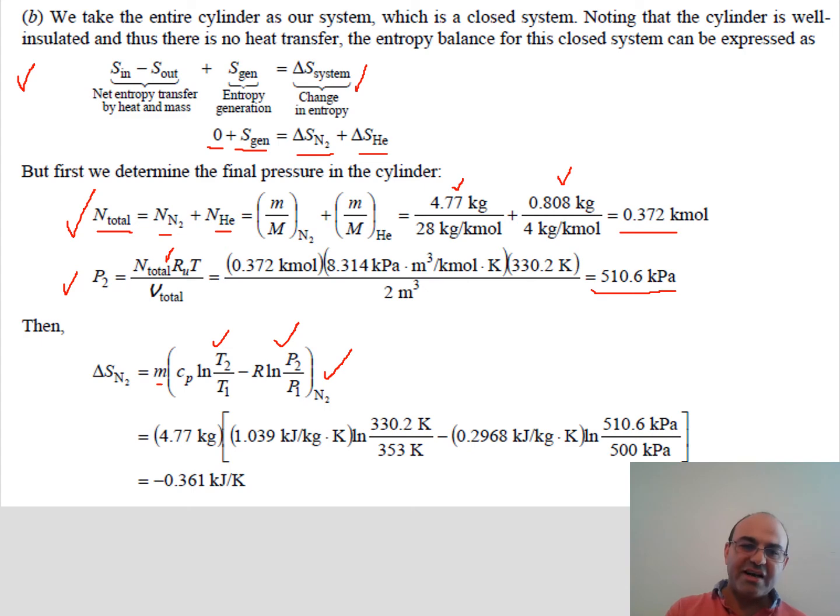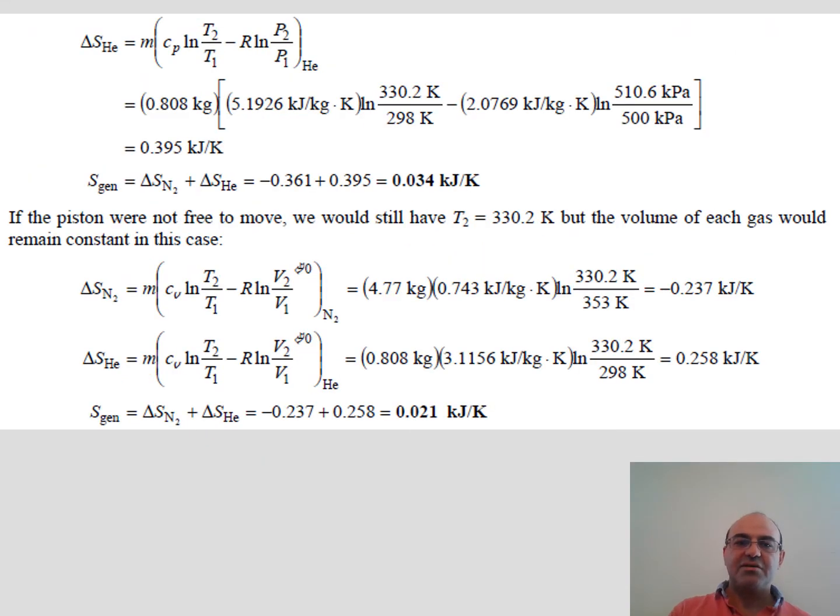Now you can go ahead and find delta S of nitrogen and delta S of helium using the ideal gas law entropy change. Everything is known, so entropy of nitrogen is found. Similarly, entropy of helium is found. This would be the entropy change of helium when it moves from state 1 to state 2.